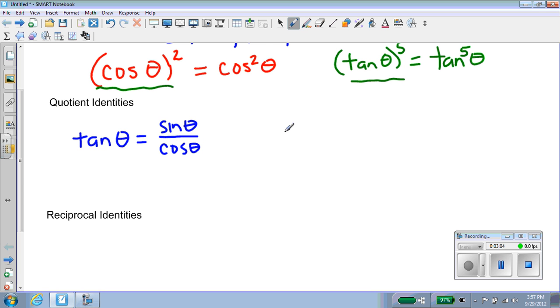Okay. The other quotient identity is that cotangent of theta is equivalent to cosine of theta over sine of theta. Those are the quotient identities.